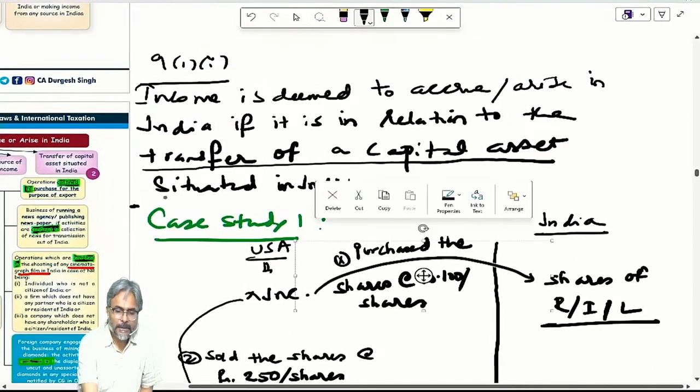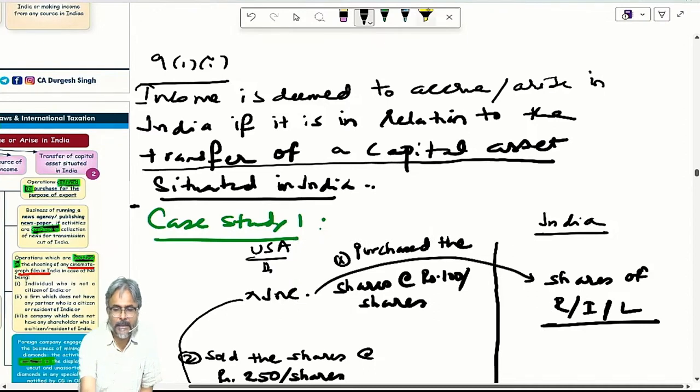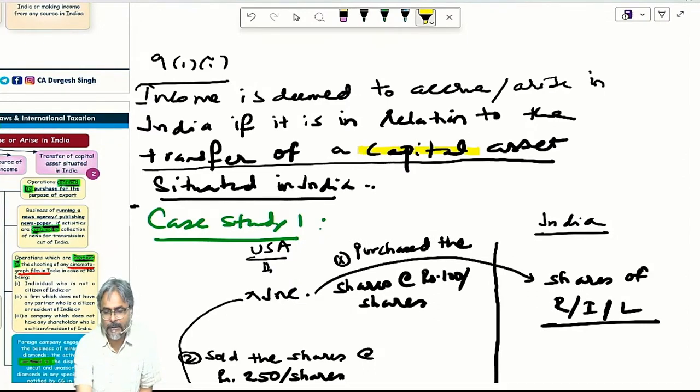Transfer of capital asset situated in India. This is what we need to see. To decide whether there is a deemed accrual or not, we need to check whether the transfer that has taken place in this transaction between X and Y Inc. is in relation to a capital asset which is situated in India.